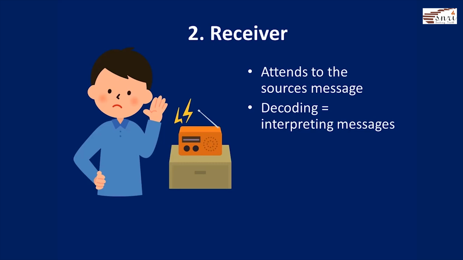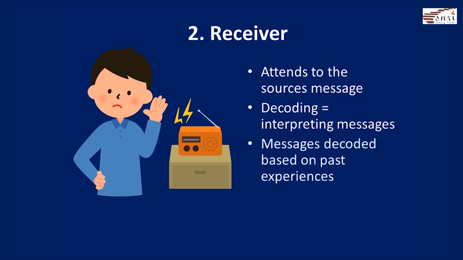So, he puts the message in a form so that it can be transmitted. Now, once the receiver receives the message, he then decodes it. That means he makes the message into a form which is readable and understandable, so that he can understand what the sender has been trying to tell.